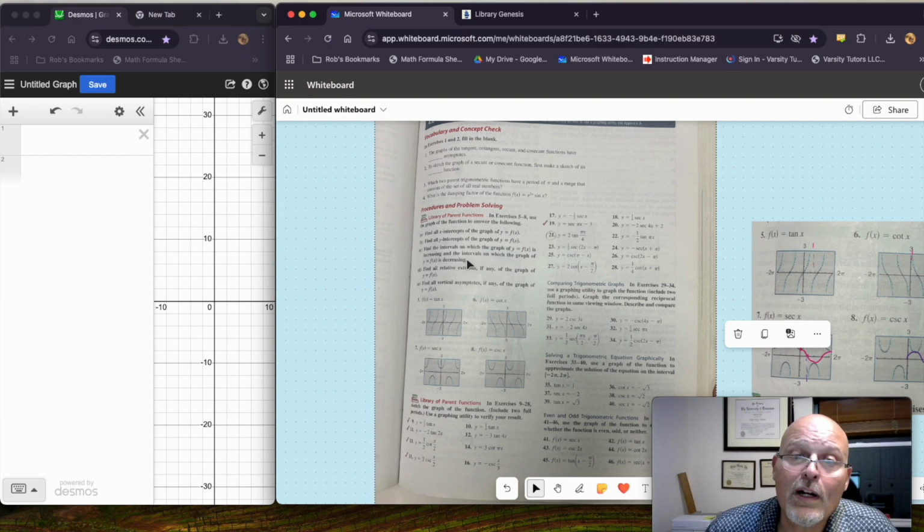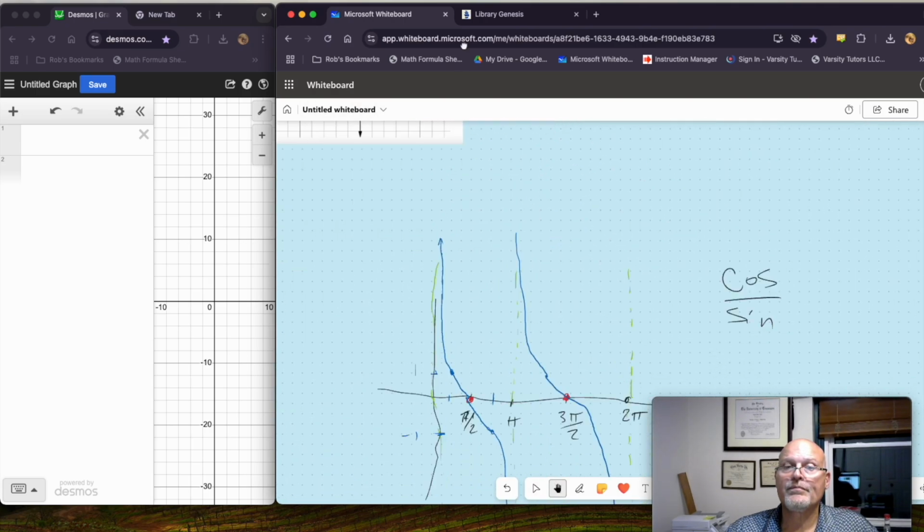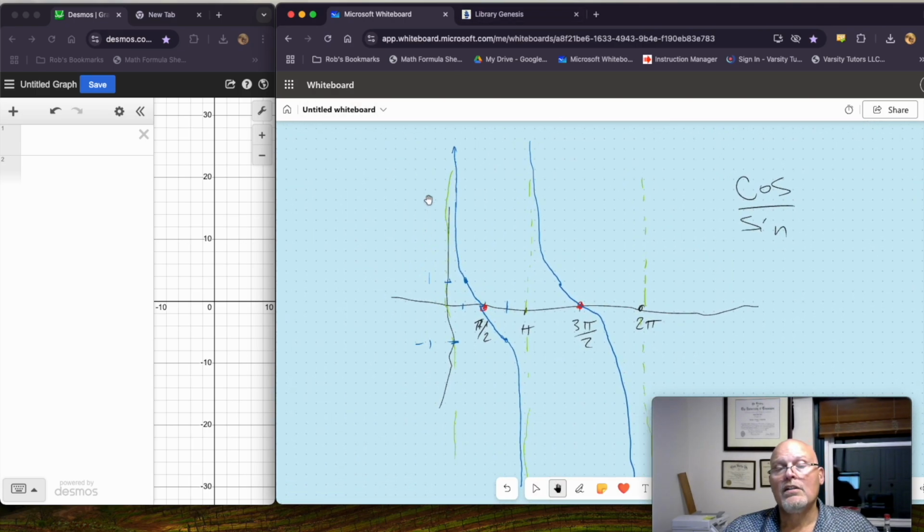Find the intervals when it is increasing, and when it is decreasing. So let's take a look at that. Is this function ever increasing? It's not. It's always decreasing. So it is increasing nowhere.